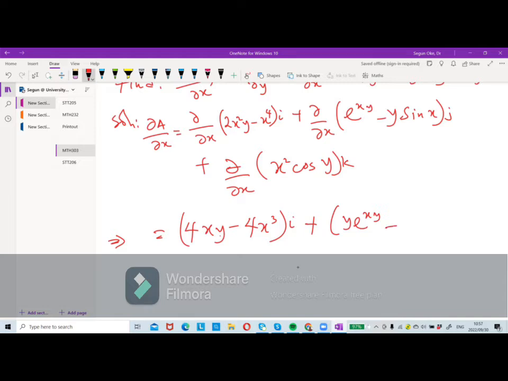So what do you have? Minus y cos x. Remember, when you differentiate sin x, you have cos x. When you differentiate cos x, you have negative sin x. Take note of that. Then plus, differentiate x squared in this case. You have 2x cos y k. So that is what they ask you to do.